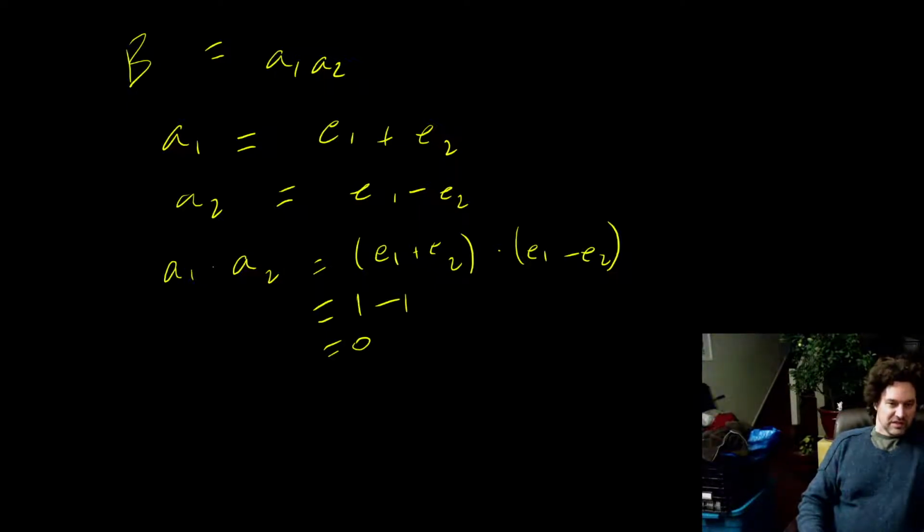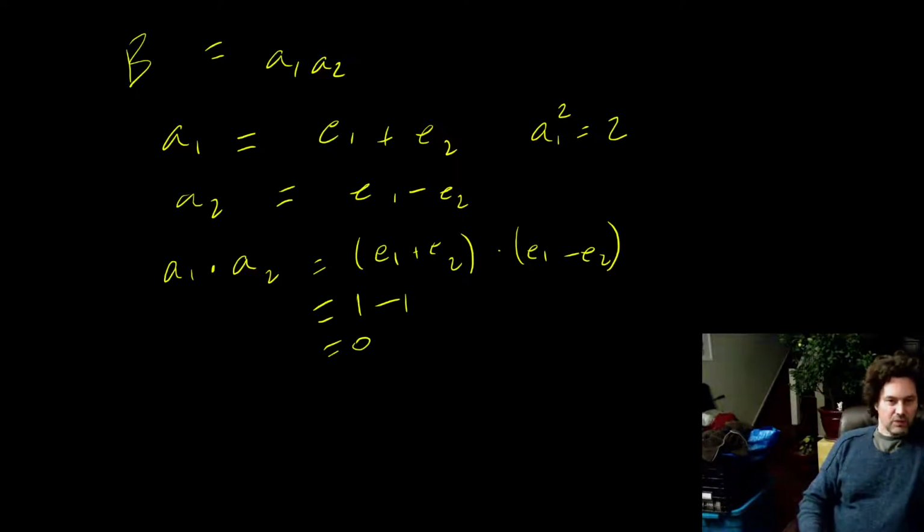So this is a valid set of orthogonal vectors, not orthonormal, because the norm squared for each of these is 2. So A1 squared is 2 in each case.